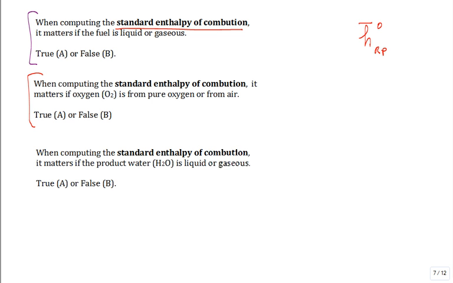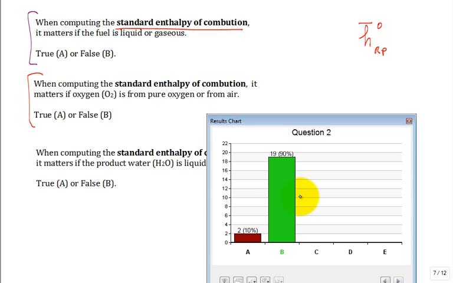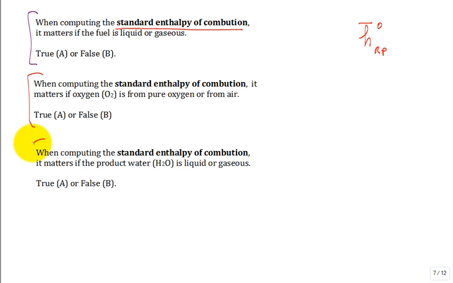Well, let's take a look. Congratulations. The oxygen has an enthalpy of formation of zip. And if it comes from air, it brings nitrogen with it. What is enthalpy of formation of nitrogen? 0. So there you go. You like these questions? When computing the standard enthalpy of combustion, it matters if the product of water is either liquid or gaseous. If the product, water, is liquid or gaseous. There we go.